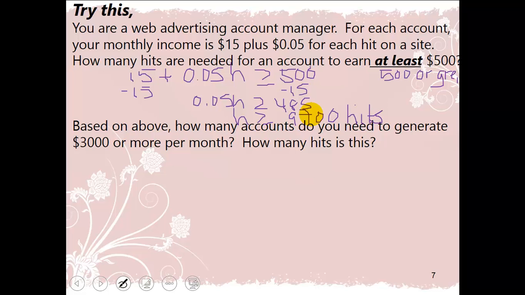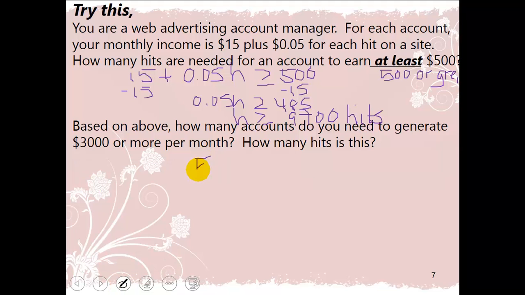Okay? All right. So now based on the above information, how many accounts do I need to earn $3,000 or more? Okay, so if one account gives me 500, so 6 times an account, I'm sorry, not 6. It's actually going to be the answer, hint, hint.